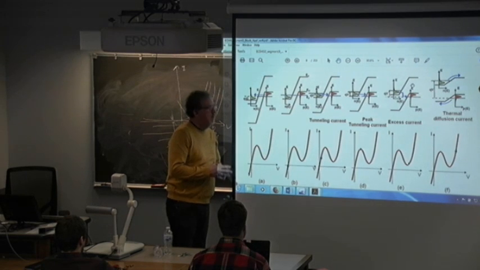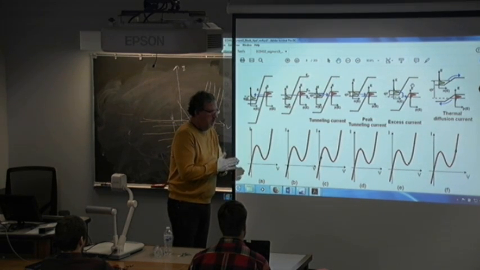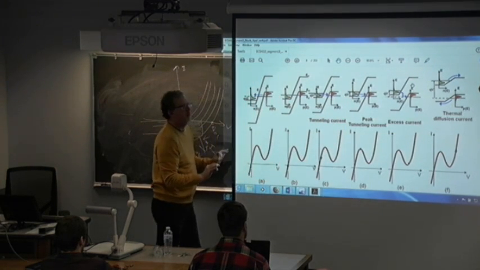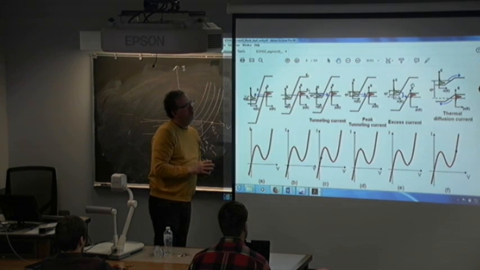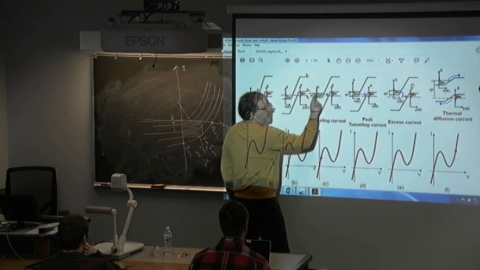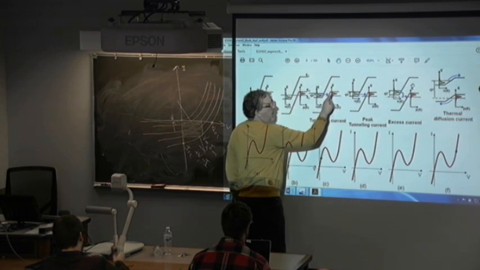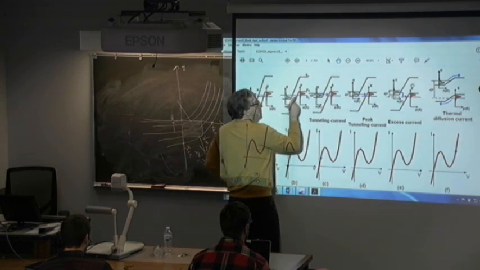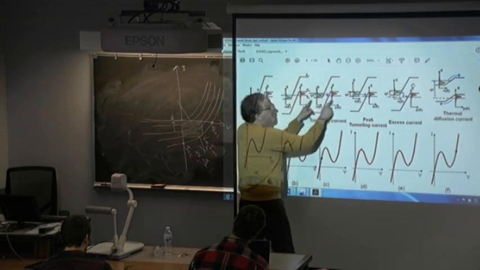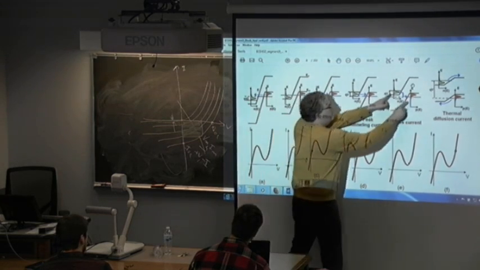Yes, correct. The green and the reds are not changing. No, it's the overlap. The criteria was the empty states opposite. So here are empty states, but they're not opposite. They're above. Here they're opposite. That's above and that's below.